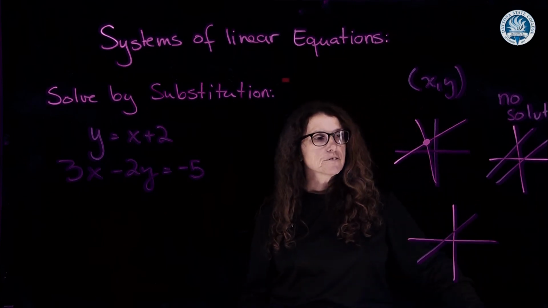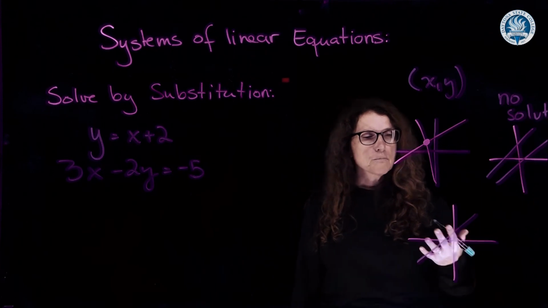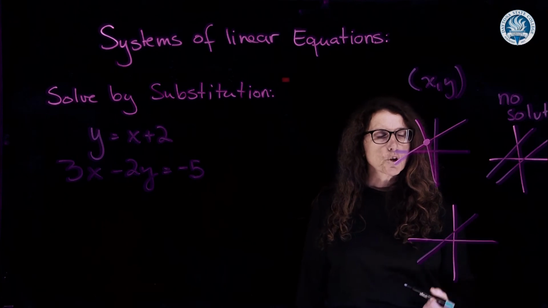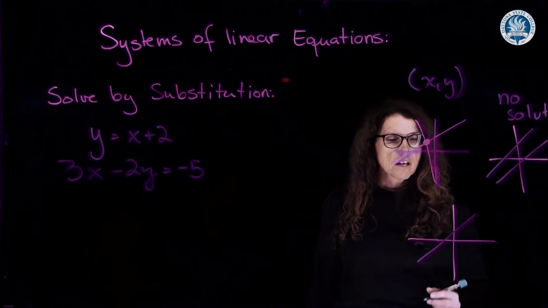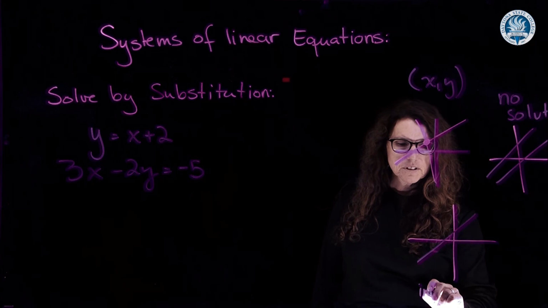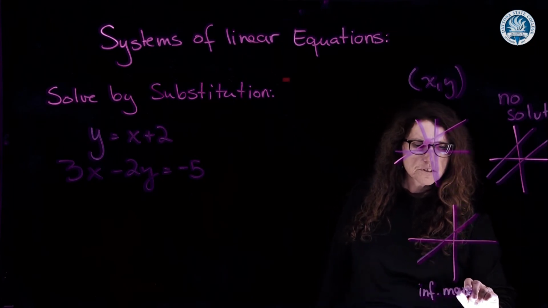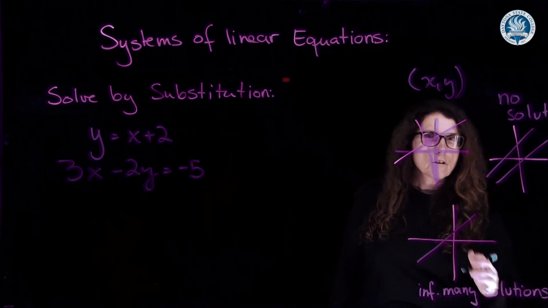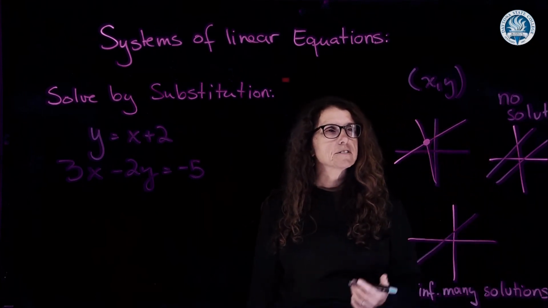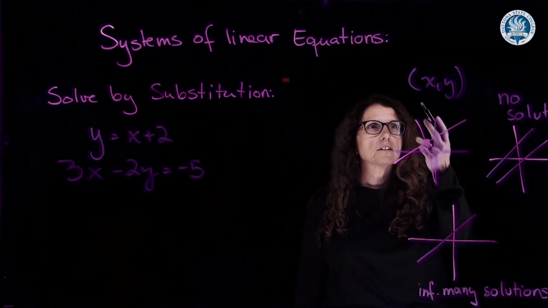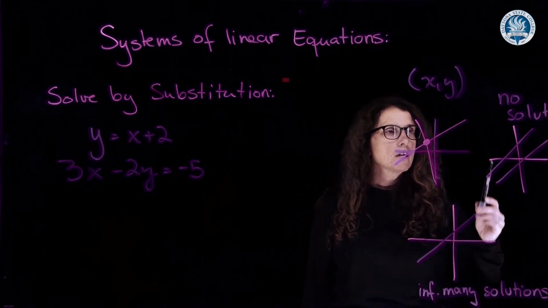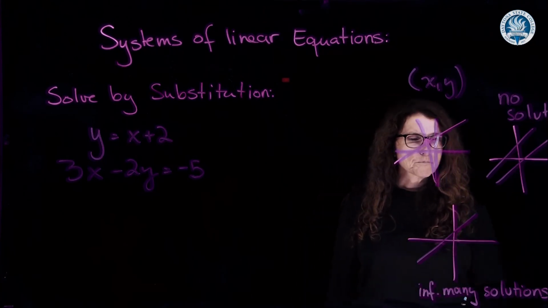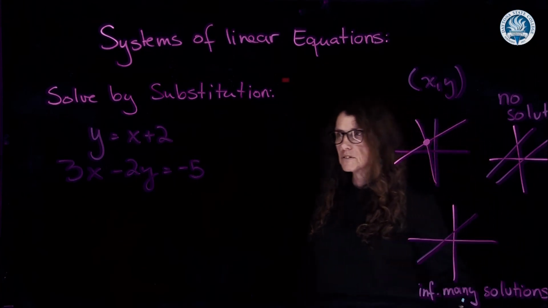They just look different. Those are equivalent equations, but the graph is the same. When that happens, the lines coincide. It's called coinciding, and you have infinitely many solutions. Of course, the most common one is where the lines intersect and you get some kind of ordered pair. But be careful, sometimes you have no solution and sometimes you have infinitely many solutions.